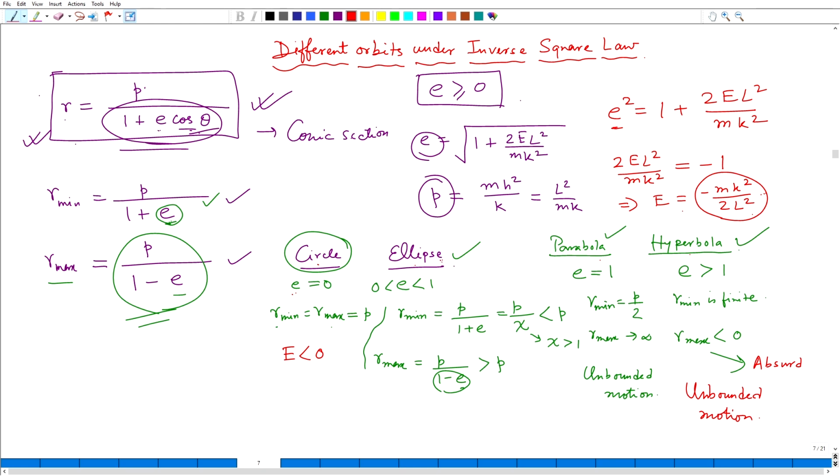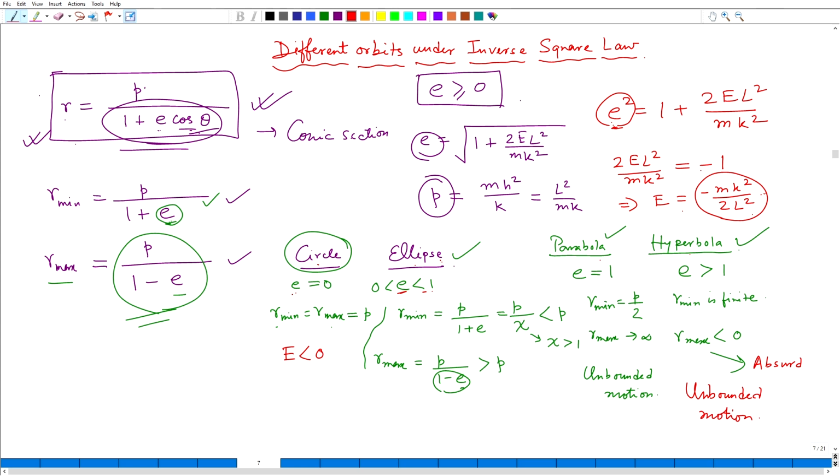For the ellipse, once again I can just check here. We already know that for closed trajectories your E will be negative. I am cross checking from these aspects as well. If your E is less than 1, then E square will also be less than 1.